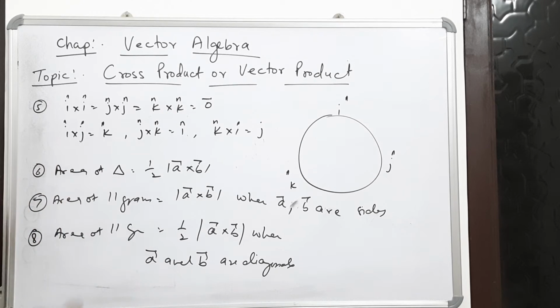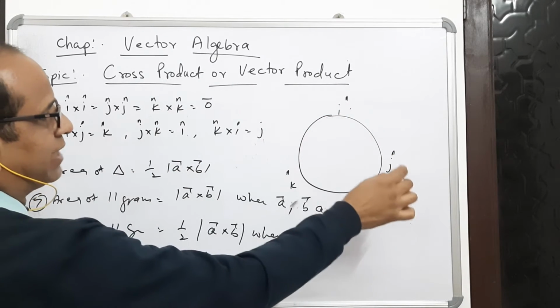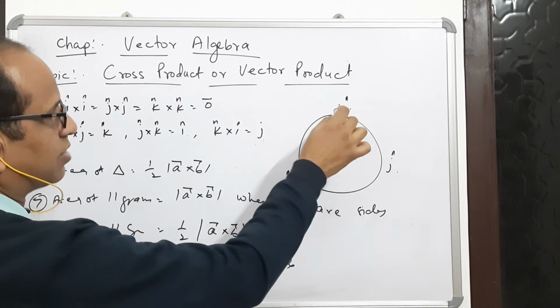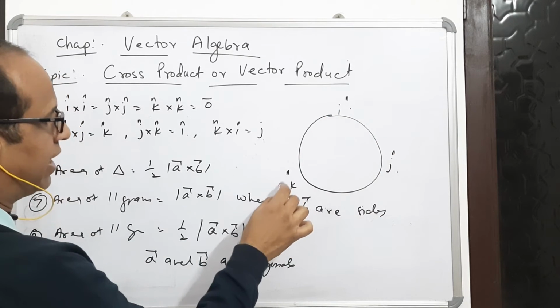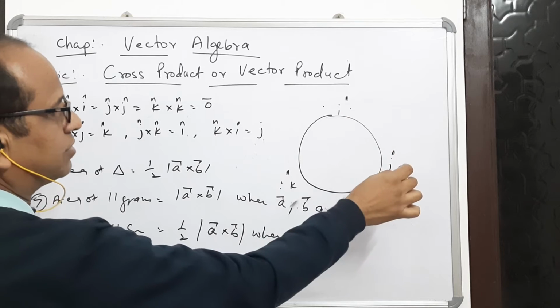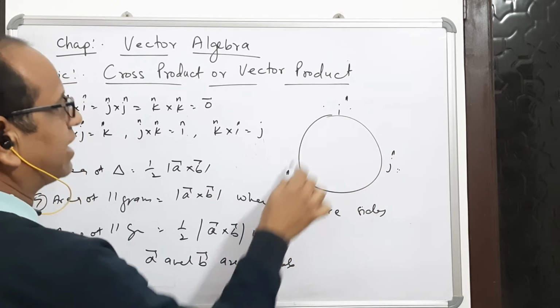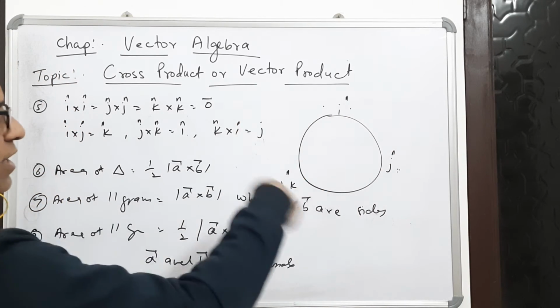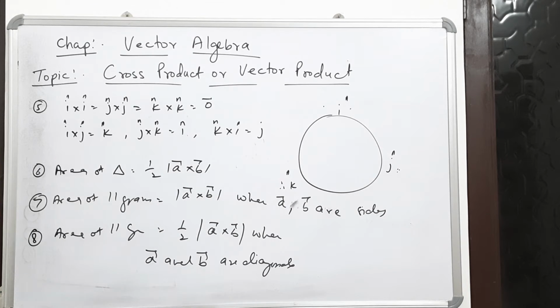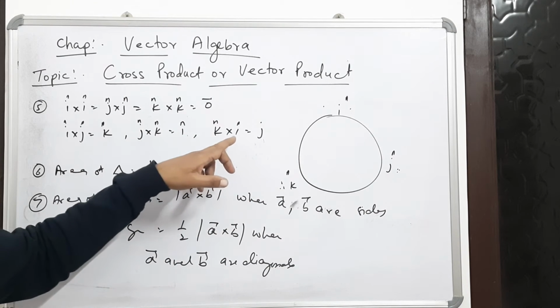Now in the IJK system, I and J are perpendicular. So I cross J is equal to K, K cross I is equal to J, J cross K is equal to I. And if you are going in the anti-clockwise direction, then it will be negative.